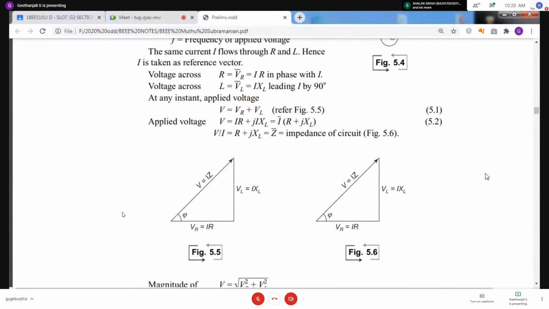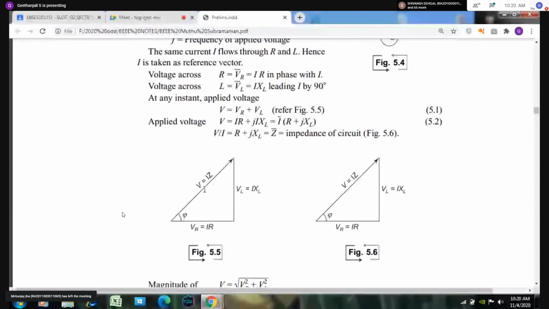So what about this 5.5? Always VR, no phase difference, so it lies on the x-axis. What about VL? A 90 degree phase shift will be there. So 90 degrees for VL. So the resultant is V equal to IZ, where Z is the impedance.